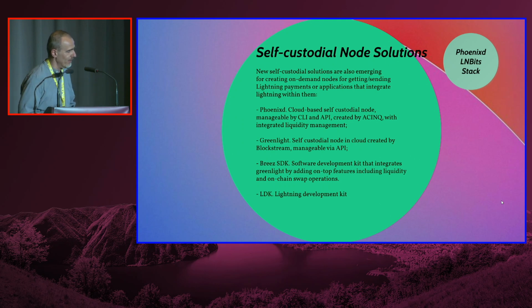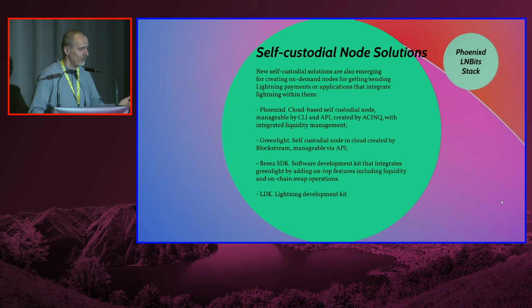Otherwise, there are new interesting solutions like PhoenixD. PhoenixD is a cloud-based self-custodial node. You can run it on a VPS or on a computer at home. In this case, you can manage the node by using the CLI or the API.